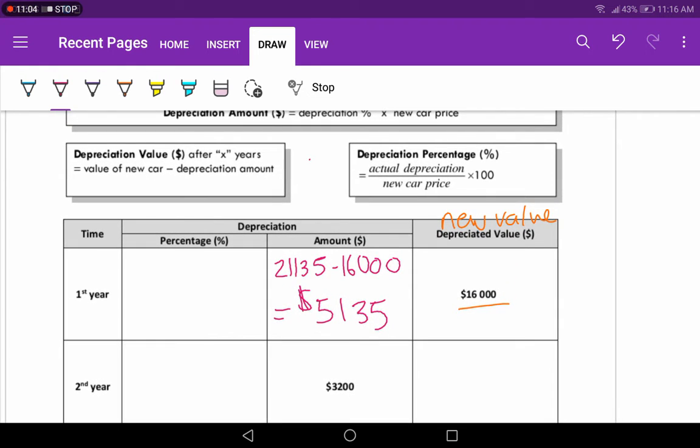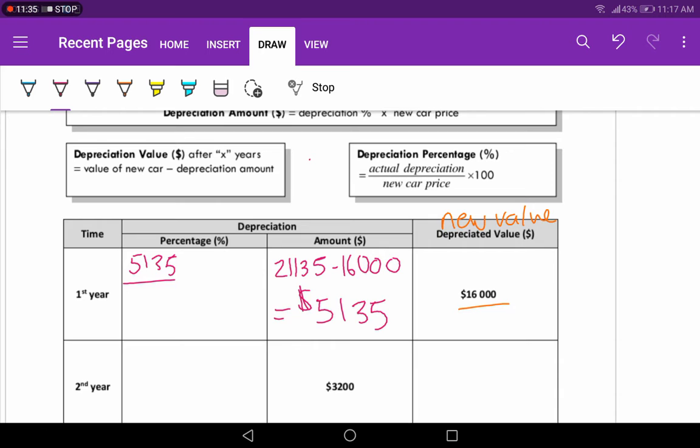Finding the percent, again, we're going to refer back to these equations up top. To find the percent, we take our actual depreciation, the actual amount that depreciated, which we just found was $5,135. We divide that by the new car price. Sorry, this could be a little bit confusing. The new car price means the price of the car when you bought it new. It's not the new value without the depreciation.